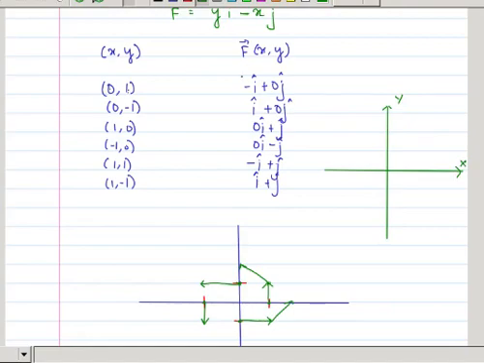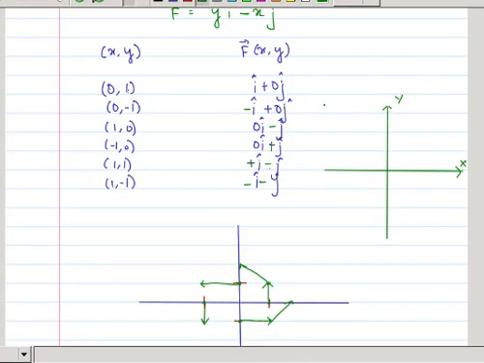Then 0 comma 1 becomes i, 0 comma minus 1 becomes minus i, and 1 comma 0 becomes minus j. So this one becomes plus, this becomes minus, this becomes plus, and these become minus. So this is the vector that will come.